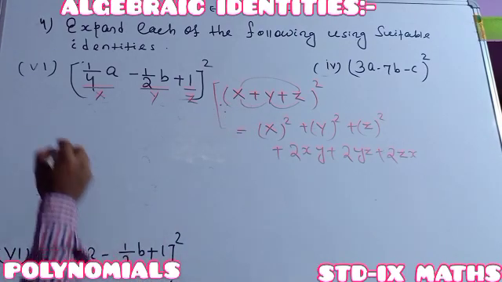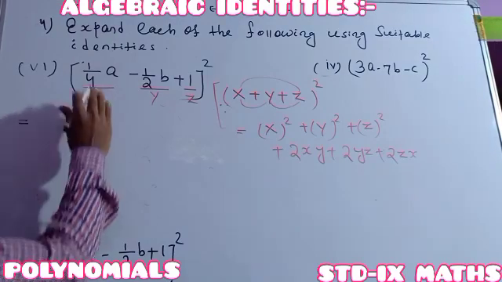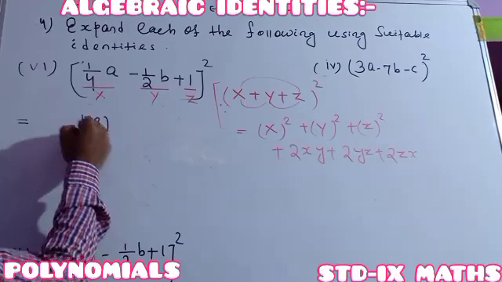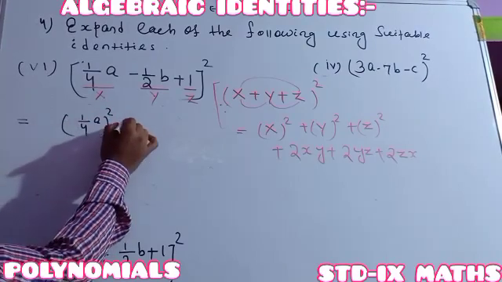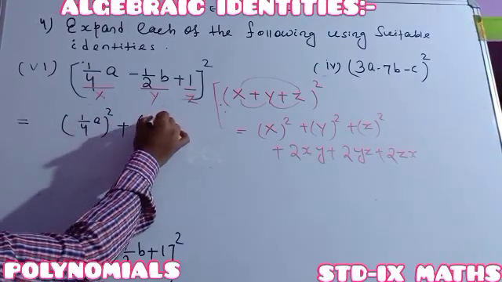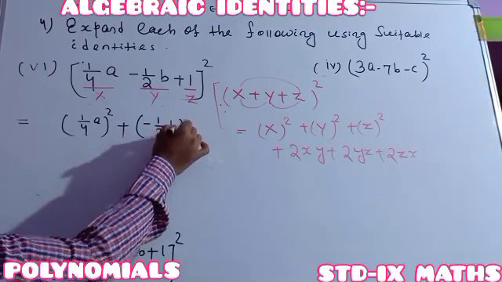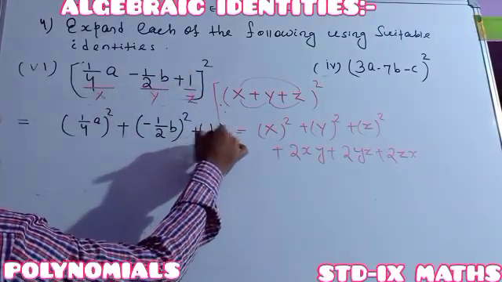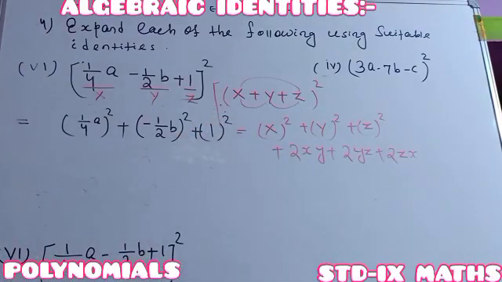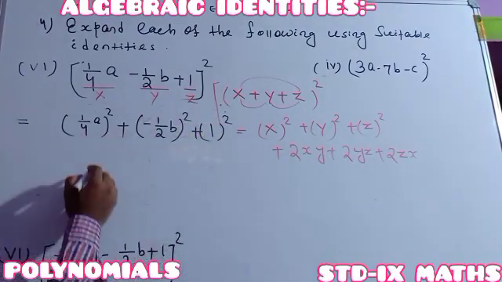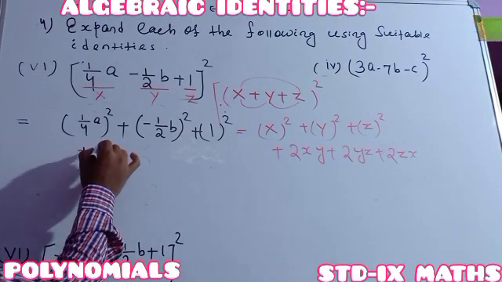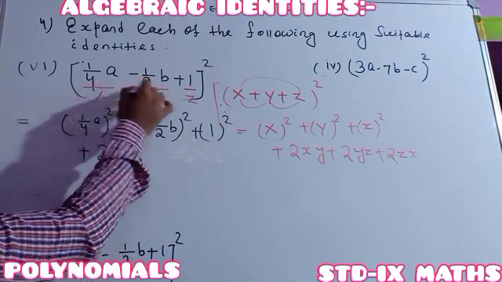So its expansion form will be first one square, (1/(4a)) square, plus y square, meaning (minus 1/(2b)) square, and z square meaning 1 square. x square, y square, z square, got it. Then 2 into the product of the first and second.